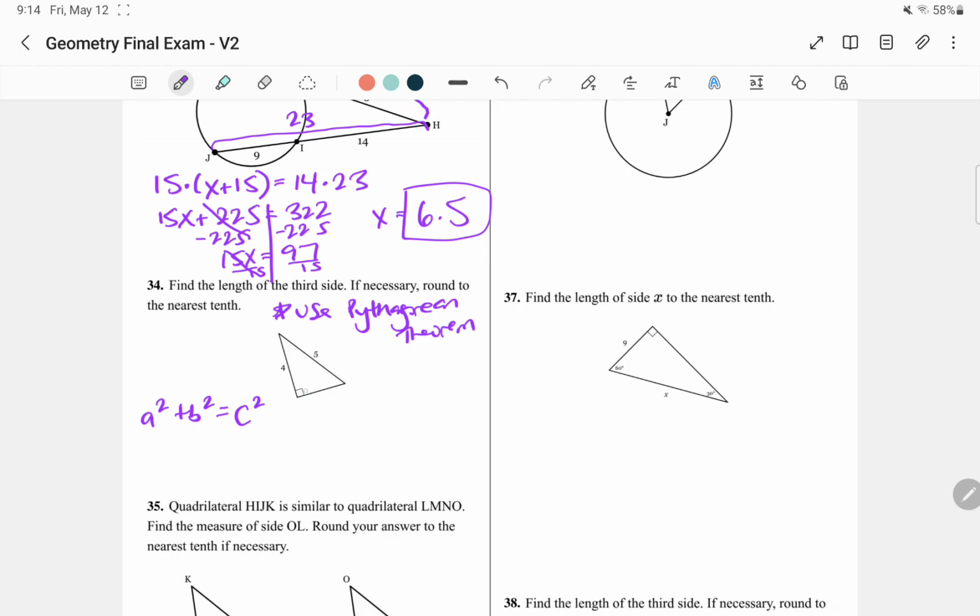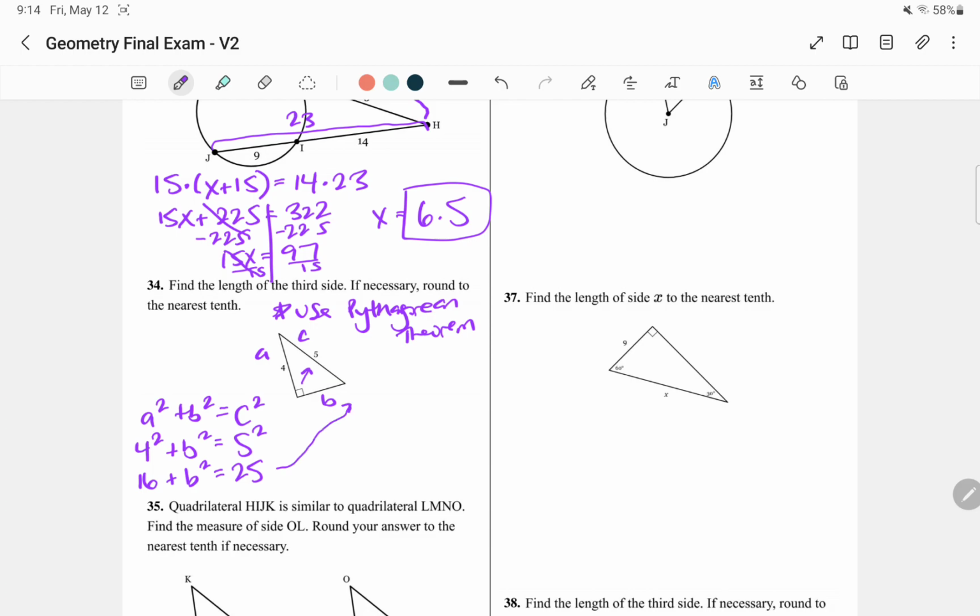If it helps to label, our hypotenuse across from the right angle is c. Our legs are a and b, it doesn't matter which is which. We're going to put in 4 for a, trying to find b, and c is 5. 4 squared is 16. B squared we don't know yet. 5 squared is 25.